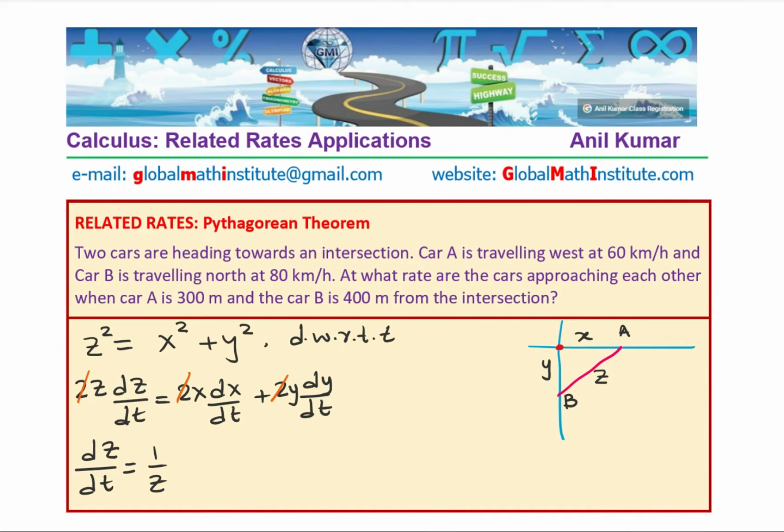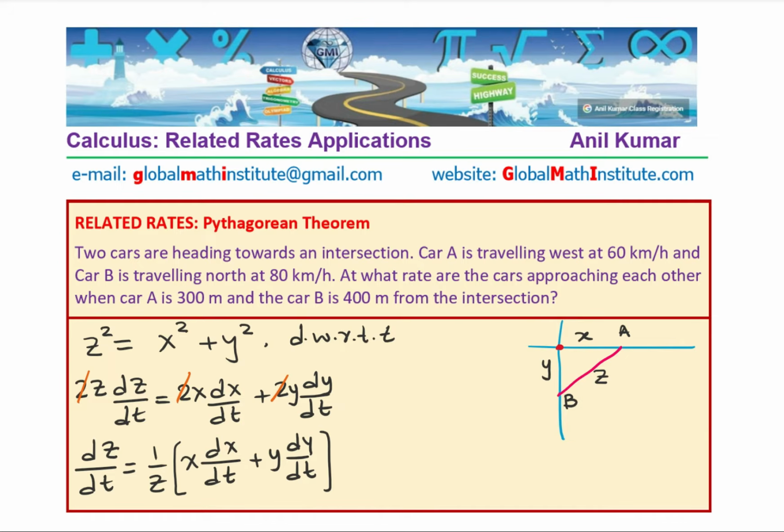And so you can now write the expression for the rate of change of separation as x times dx dt plus y times dy dt. Is that clear to you? So that becomes a general expression. Now you need to substitute the values and get the answer.